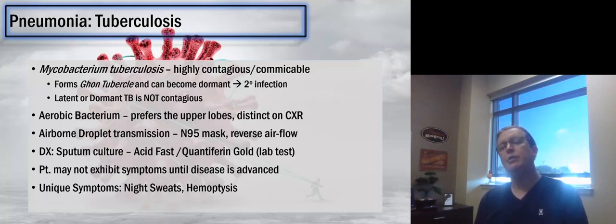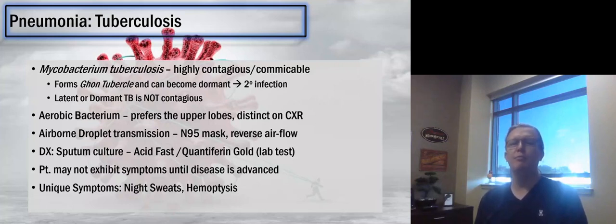However, you can contract it and be dormant. If you have contracted it and are dormant, you will still have a positive TB test, ideally a positive TB skin test. There are cases where you have false negatives.